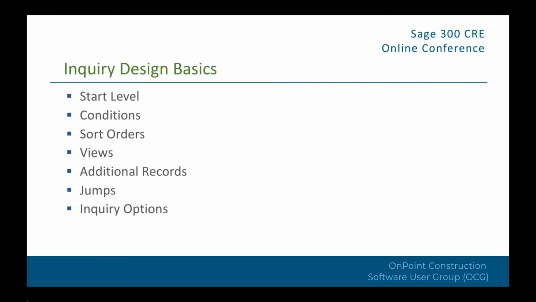So as far as designing one, we need to determine what our start level is. What is it that we want to see when we first go into this inquiry? And then what kind of conditions do we want on it? Are there any sort orders in particular that we want? And then what view is it going to be?